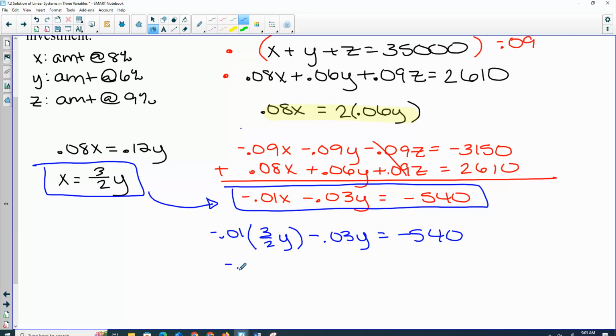So we get negative 0.015y minus 0.03y equals negative 540. Then we're going to combine like terms, so negative 0.045y equals negative 540.